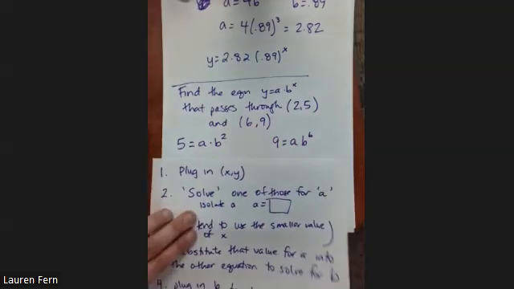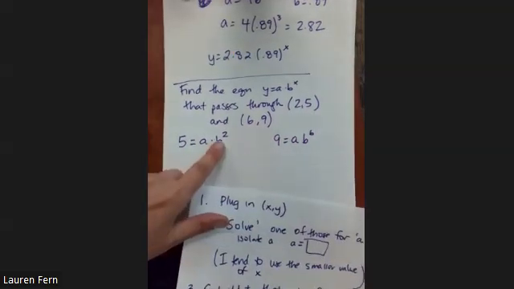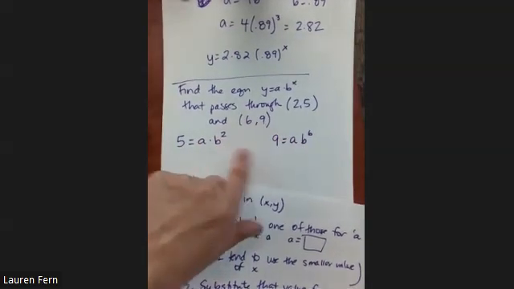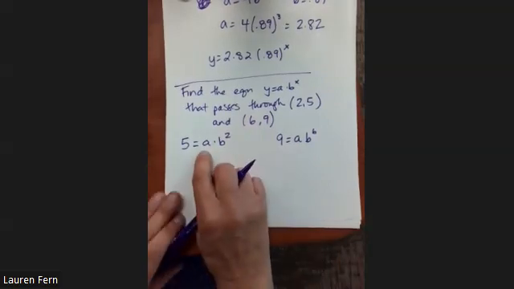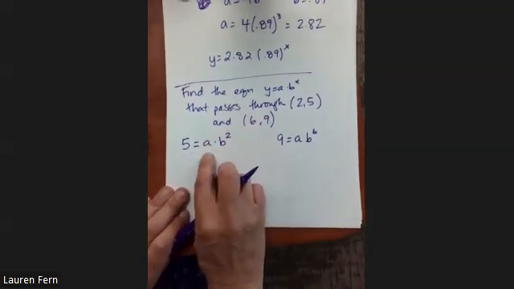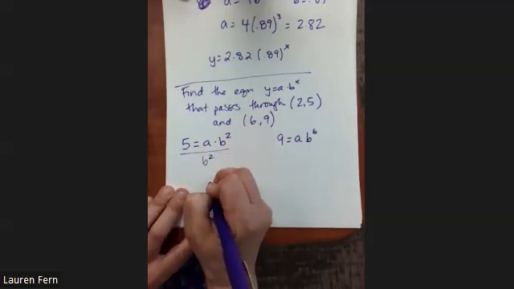Okay. Now what we want to do is we want to isolate a. And again, I tend to do it with a smaller exponent because I think it makes the end computations a little bit easier. So how would I get a alone over here? Divide both sides by b squared.